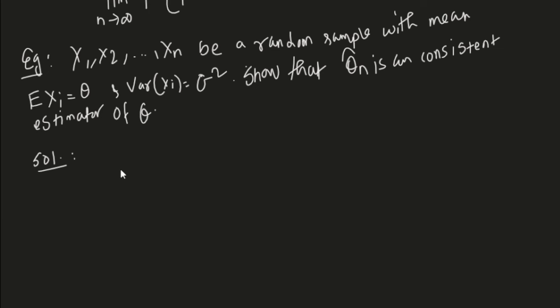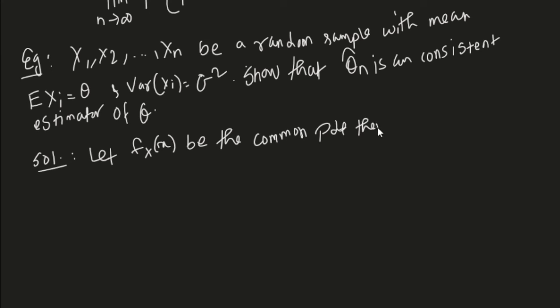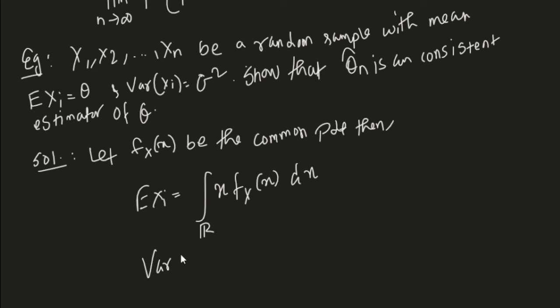And obviously we first do the integral definitions of this. Let f of x be the common PDF, then E of xi is simply the integral of x f(x) dx, while variance of xi is the integral of x minus E of xi squared times f(x) dx.